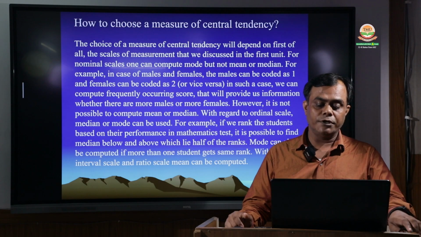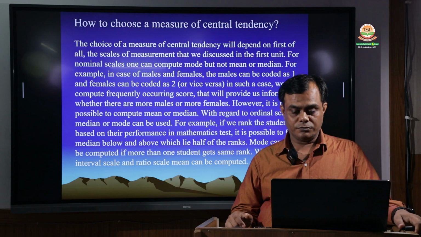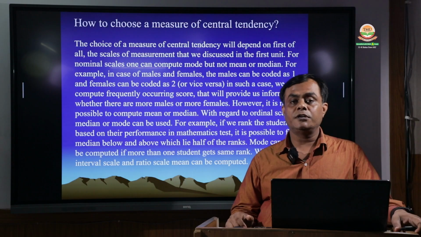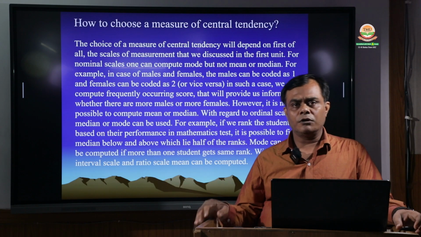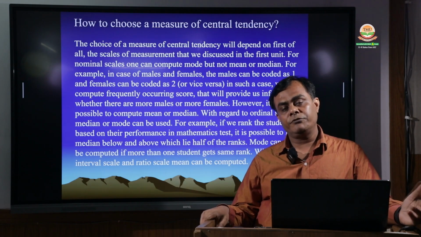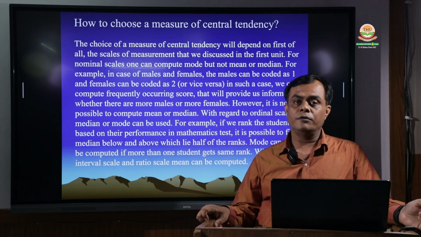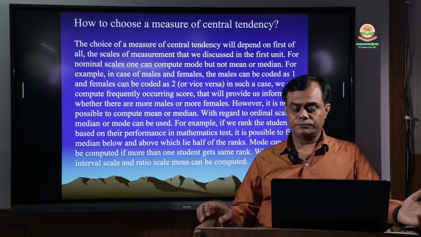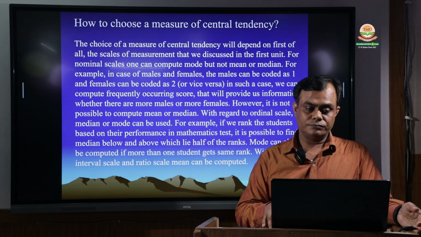With regard to the interval scale and the ratio scale, the mean can be easily computed. So simply we can say that on different scales we can use different measures of central value, and every measure of central tendency has a different scope. That scope depends upon the different scales.